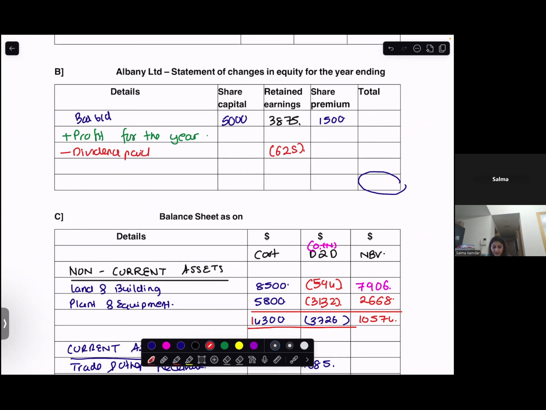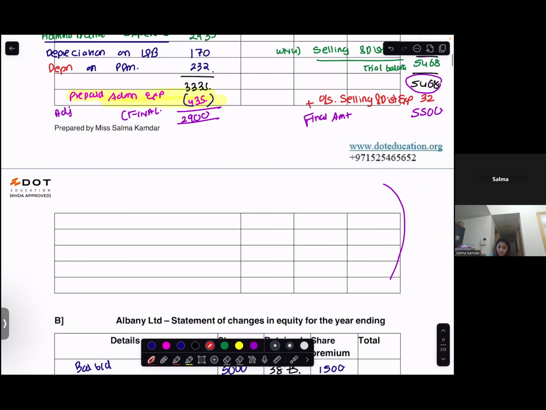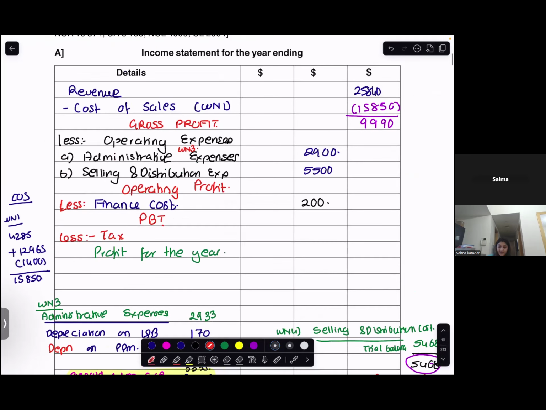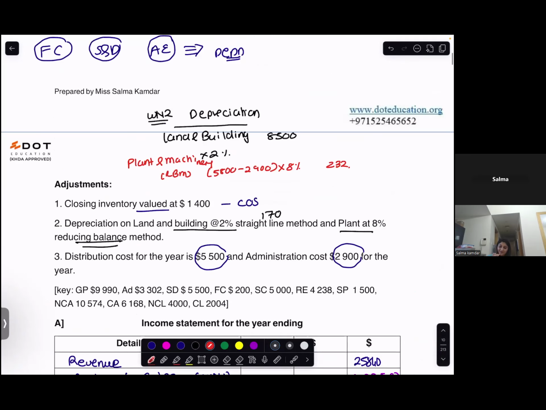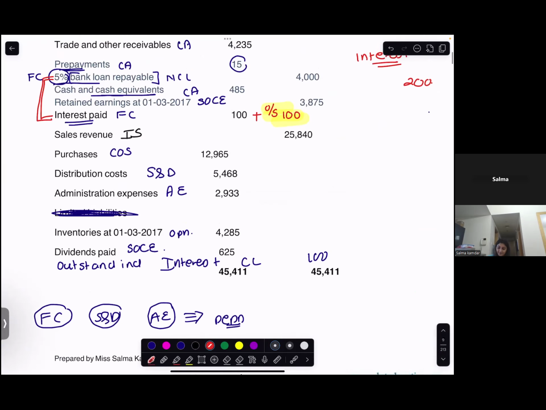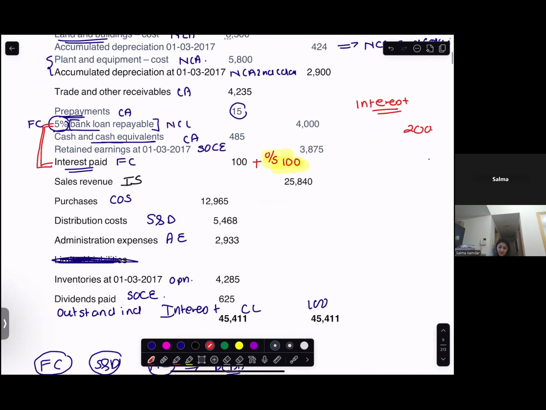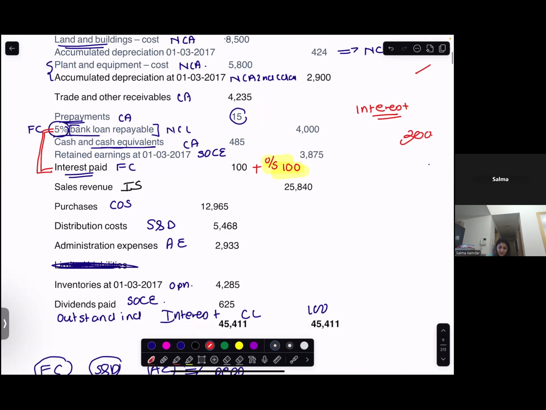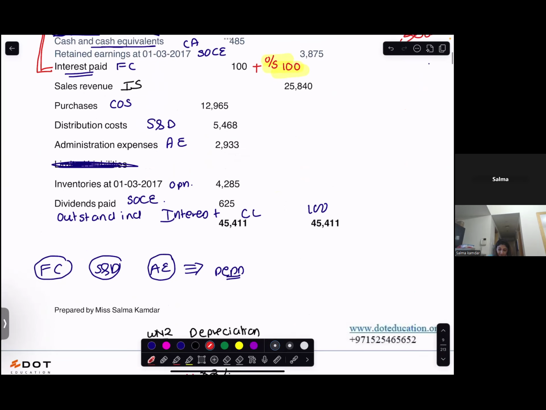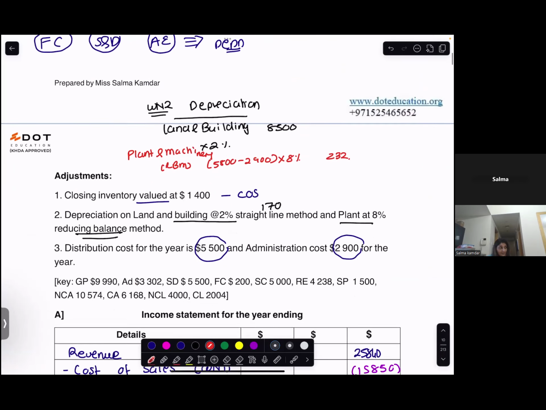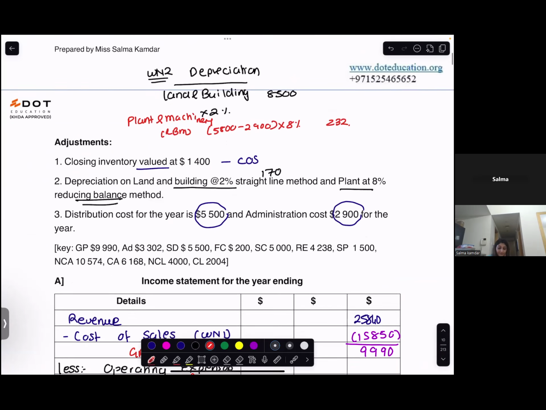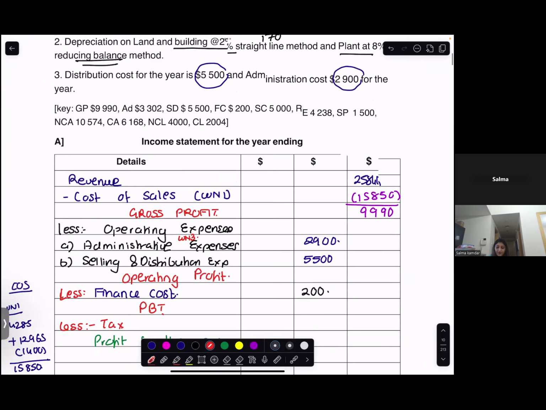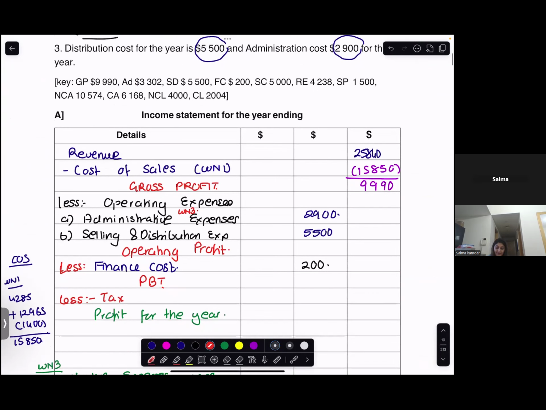I hope you're with me. Okay, let's go. We filled in everything, whatever information we had. Interest is done, this is done, outstanding interest is done, depreciation was done.